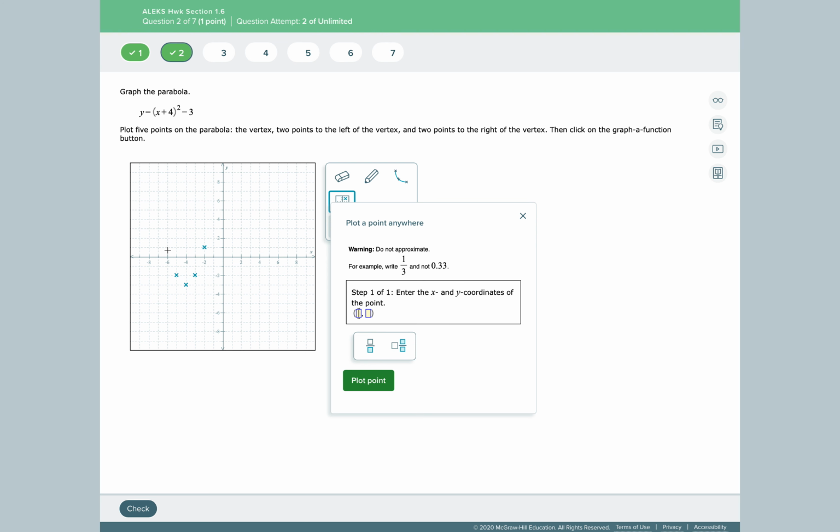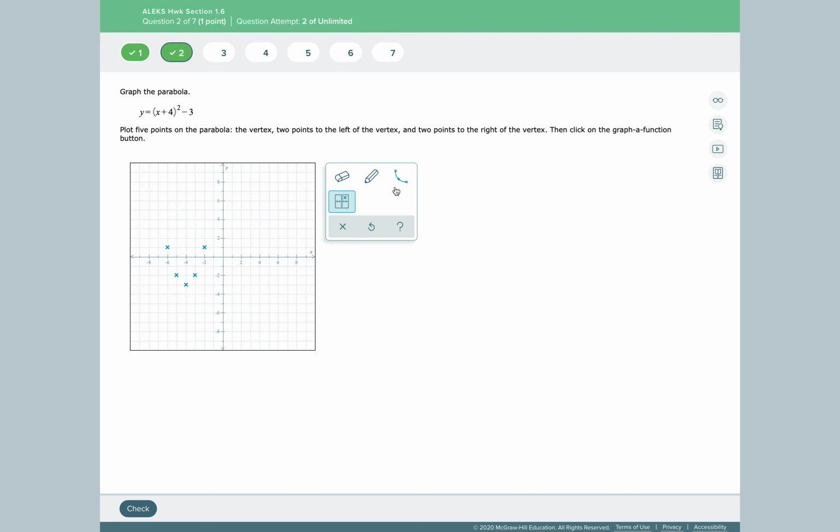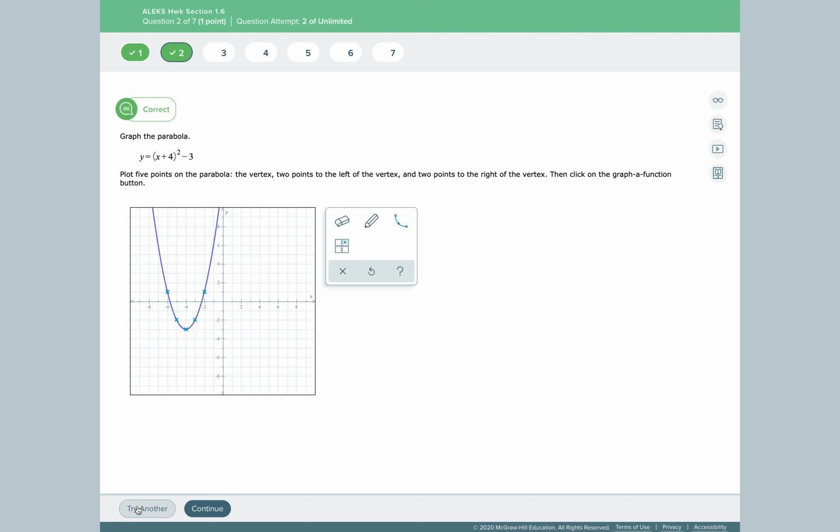One place to the left, x at -6, -6 + 4 is -2, squared is 4, minus 3 is 1. After plotting these 5 points and connecting, we can check, and the result is correct.